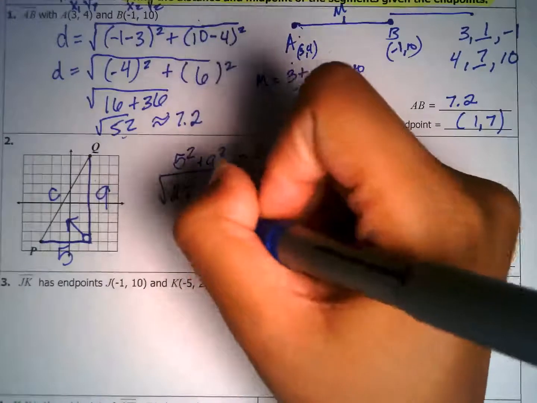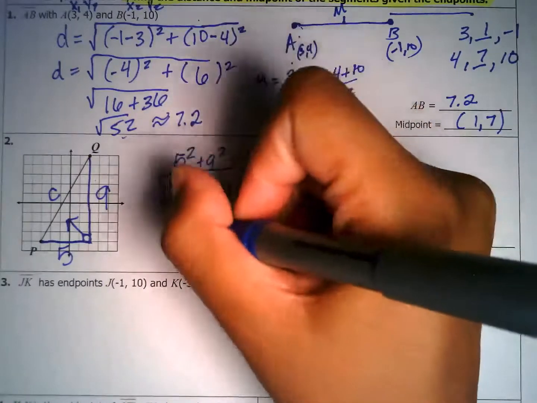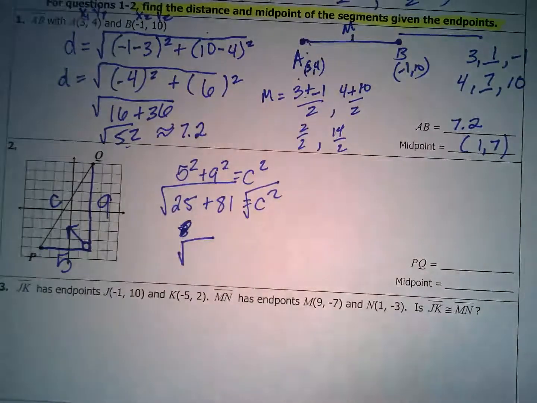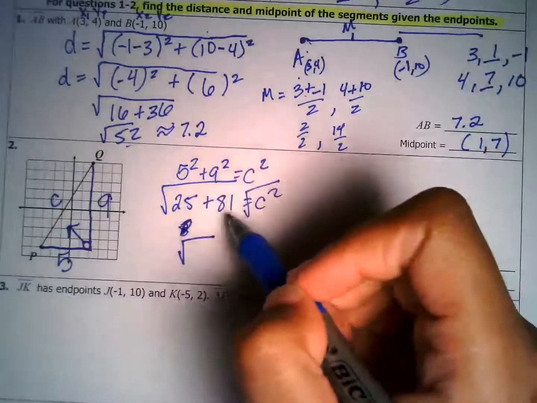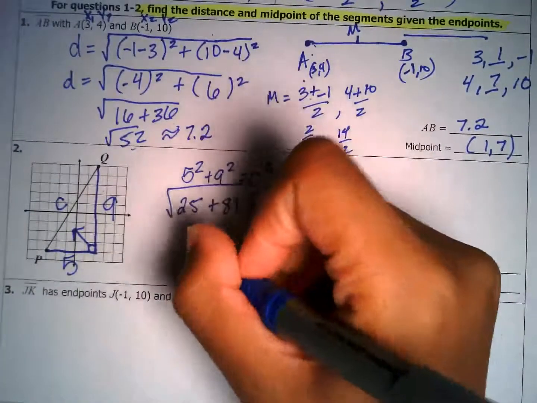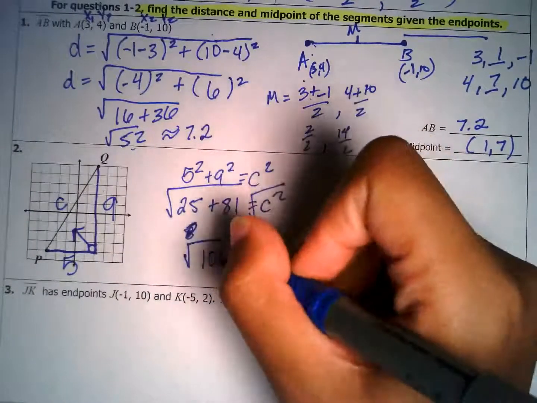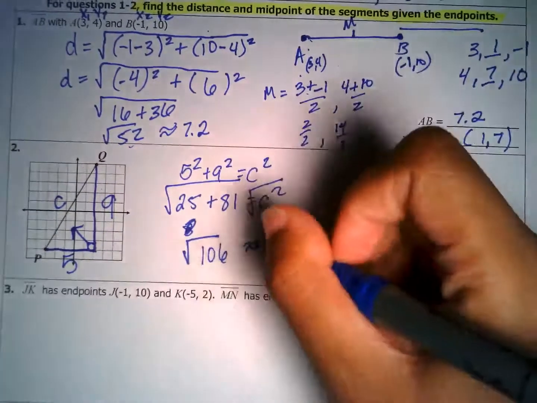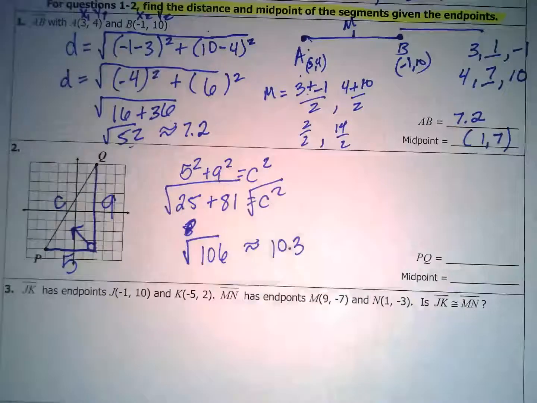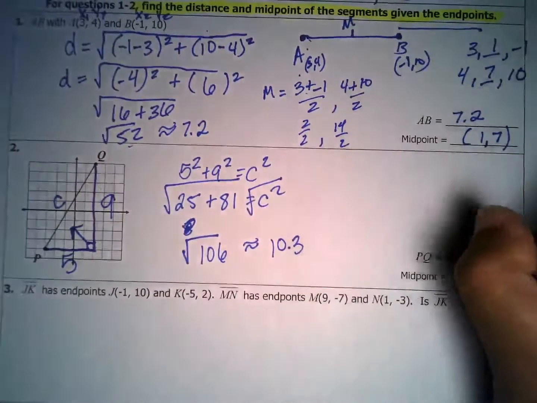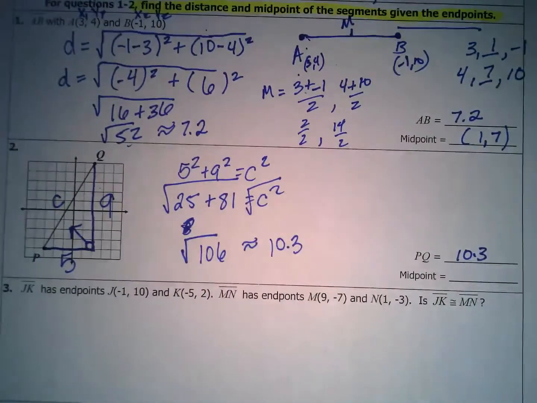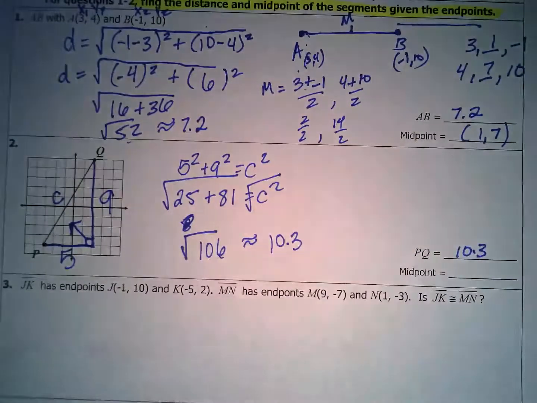Sorry, I don't know what I was just doing there. 25 plus 81 is 106, and that's approximately 10.3. Very good. 10.3 goes over there. And you can double check it doing the distance formula, which looks exactly like that, correct?